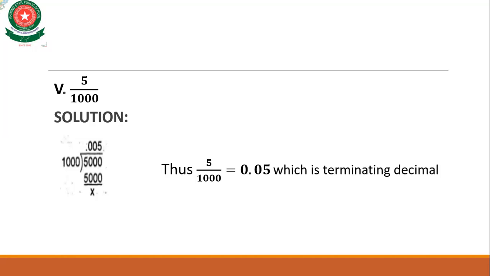Then we can place only 1 zero after the digit 5. And we know that 50 is less than 1000, so we will put 2 more zeros to make it 5000. Then we have to multiply 1000 with 5 to get 5000, which is also a terminating decimal.